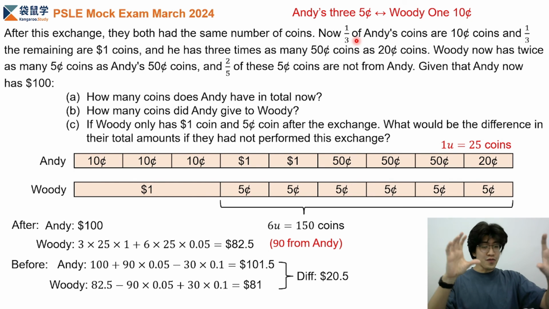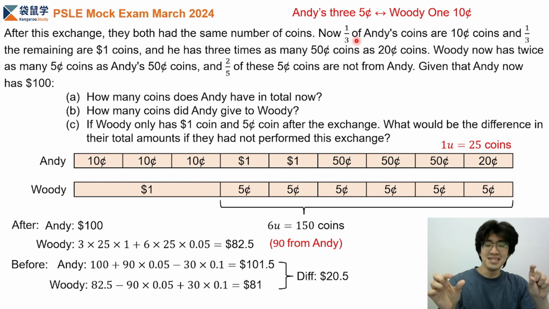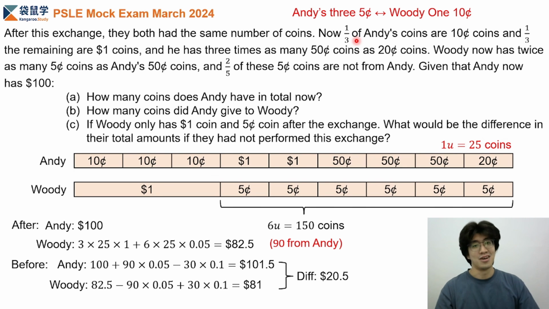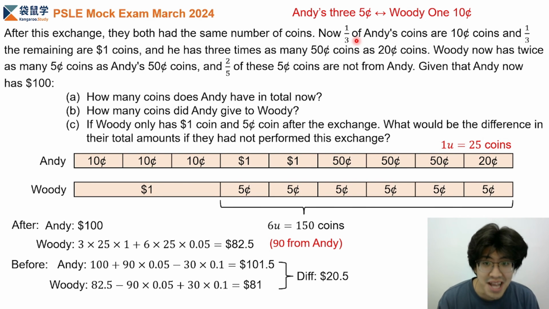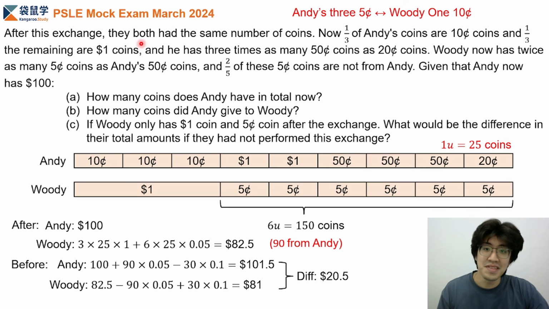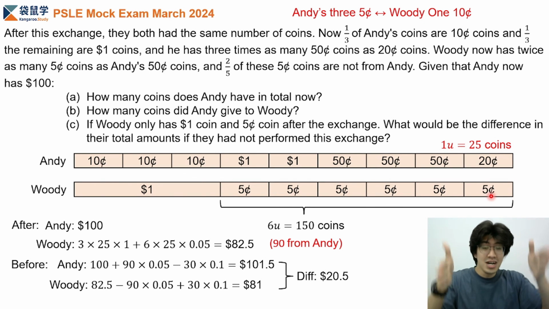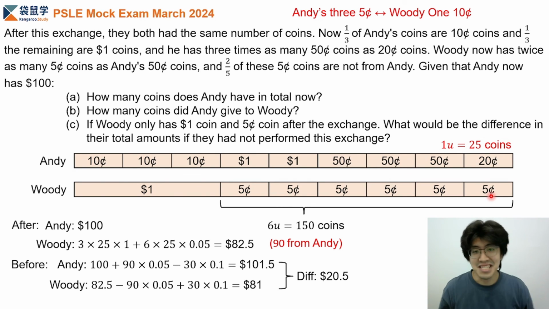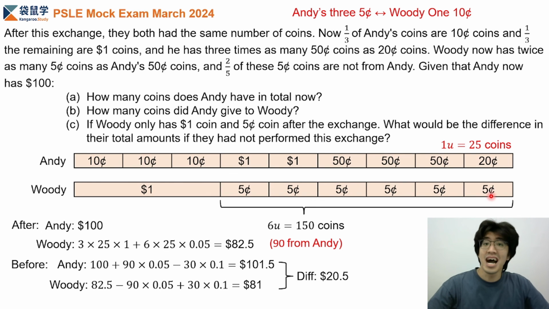And then if I have two fractions with different denominators, then I just simply find out the LCM. And then finally, if the question tells me that they have the same number of coins, then we have to make sure these two models telling me the number of coins must have the same length. So that's exactly what we can learn from these last questions from the PSLE mock exam.